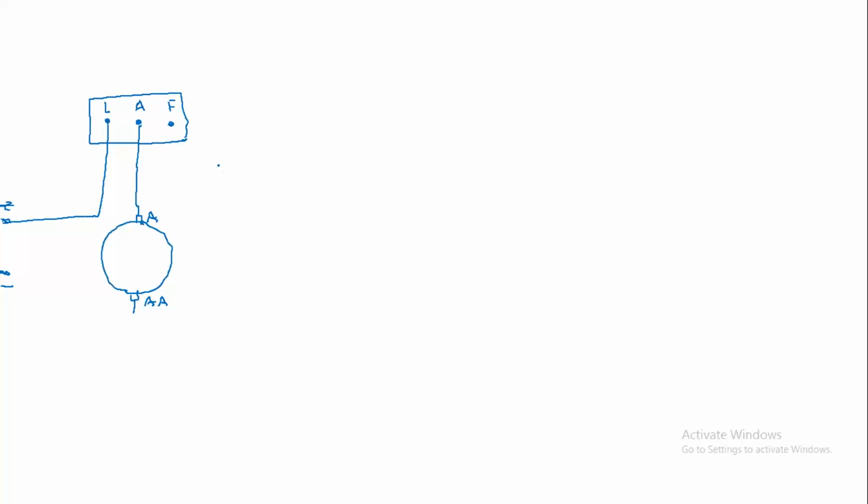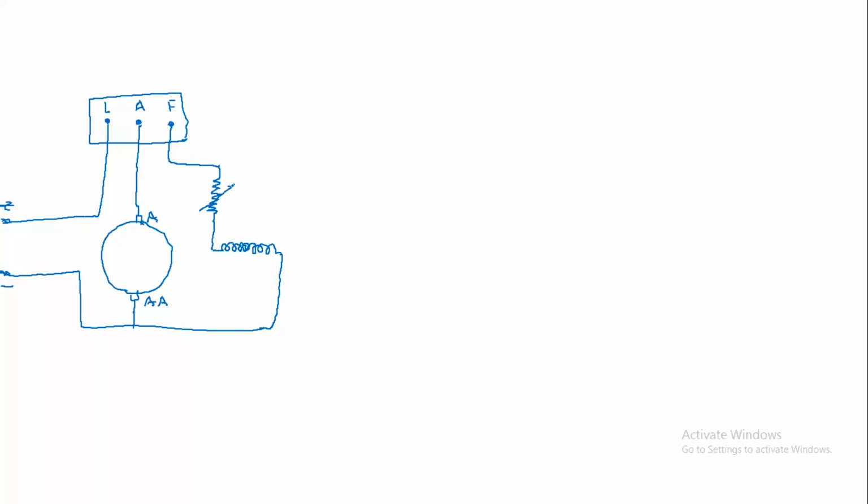And this is the rheostat that we have to connect in series with the field winding of the prime mover. This is the shunt field winding of the prime mover, and this you have to connect to the negative terminal. So this is the prime mover connection.